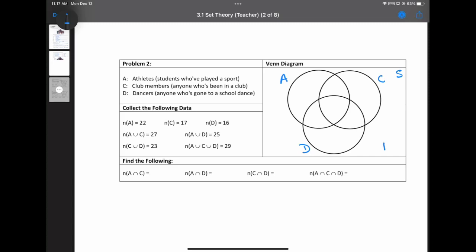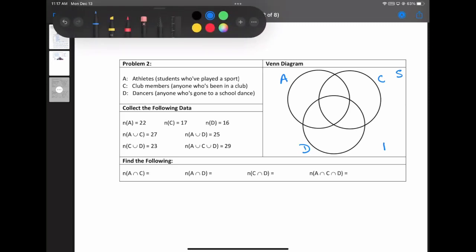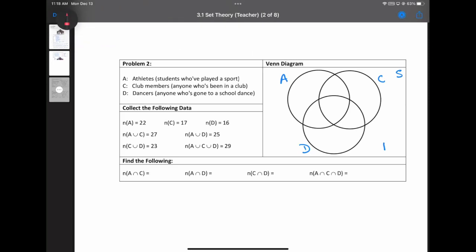Okay, so I'm going to change colors here to try and best explain this. This one, you can't start with the middle part because you don't have any information about the intersections of things. So we're going to do something a little bit backwards. Besides knowing the number of people in A, C, and D, we know the union of A and C is 27.